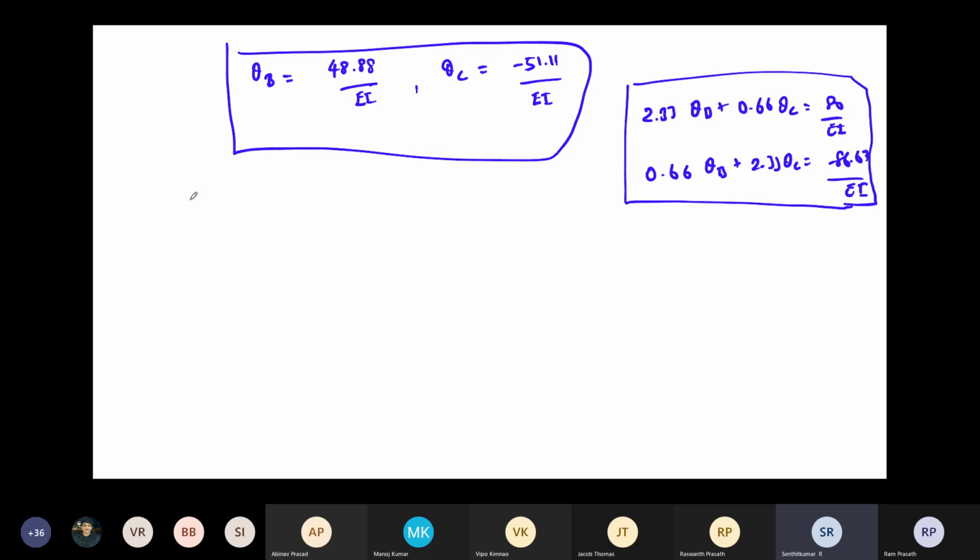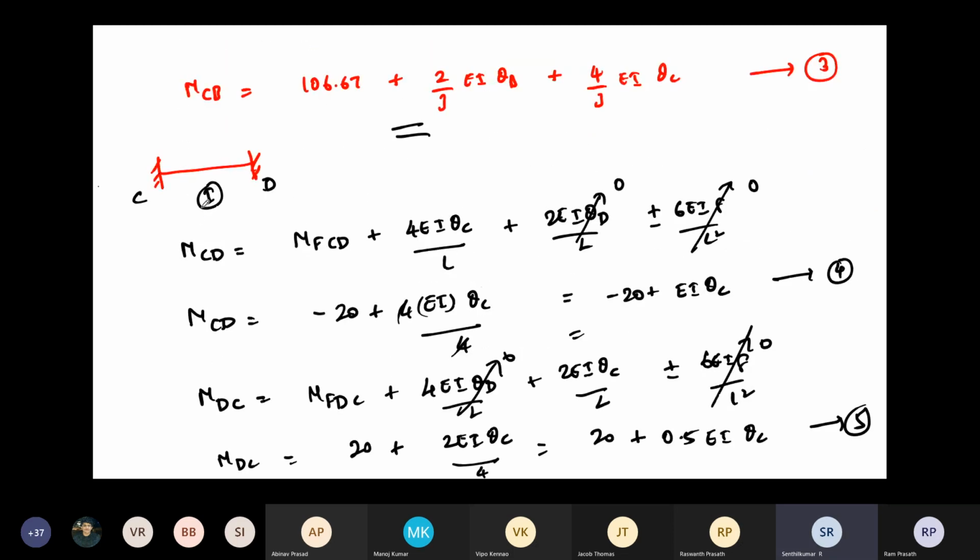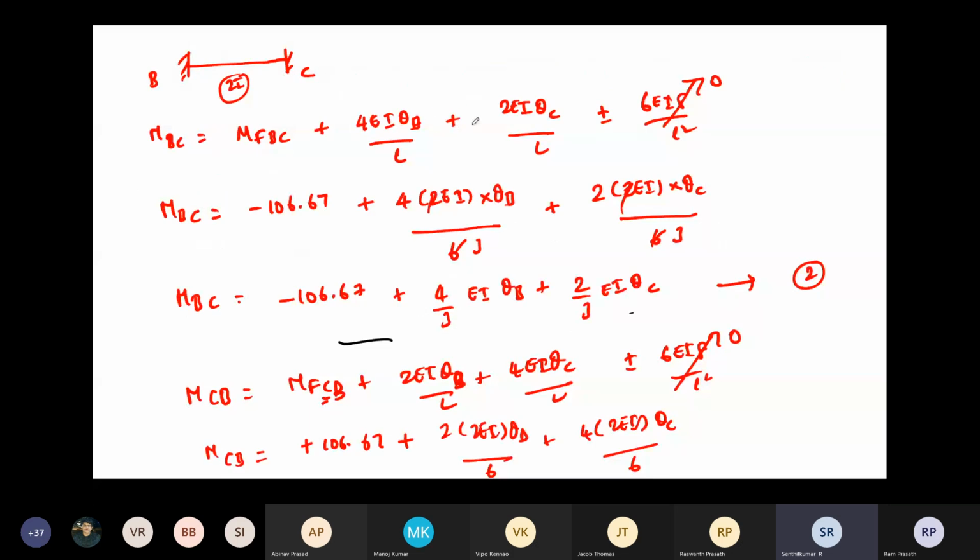After you find theta b and theta c, find all the moments MAB, MBA, MBC. Just substitute theta b, theta c values everywhere in all the equations.